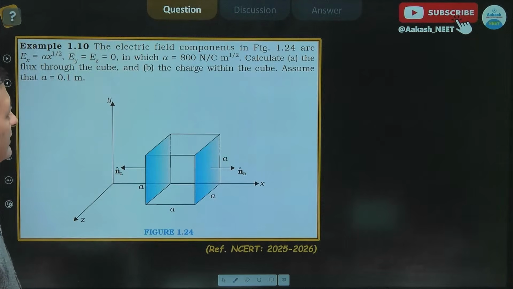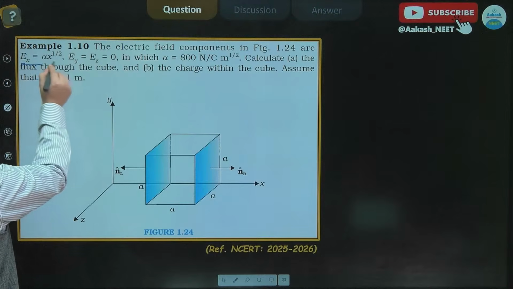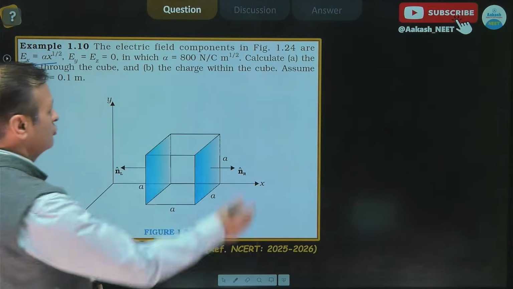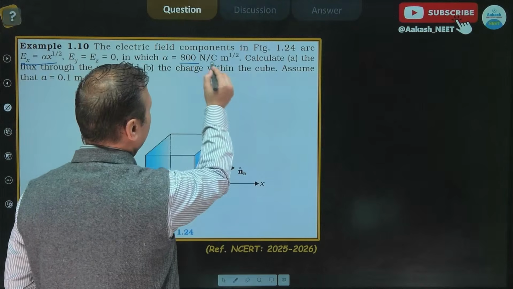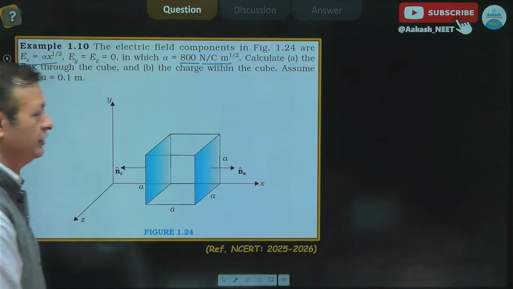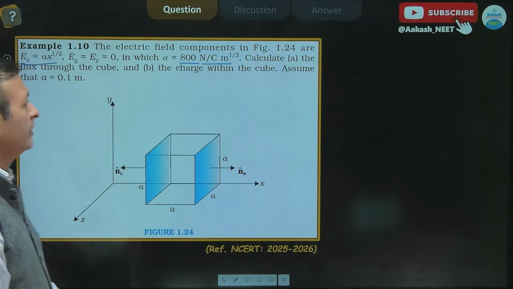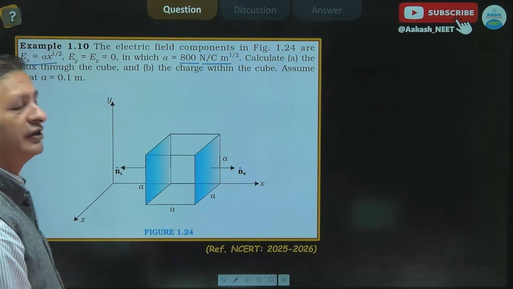It says the electric field components in figure 1.24 are Ex equals alpha x to the power 1 by 2, Ey and Ez are 0, in which alpha is also known to us as a constant with dimensions, with units. Calculate the flux through the cube and the charge within the cube.